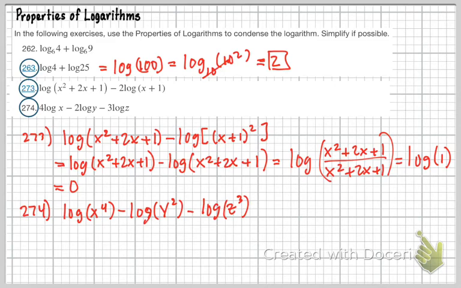So for this first 2, if I put those together, I'm going to get log base 10 of x to the 4th over y squared. Now keep in mind here, in order to put those together from addition subtraction, remember my logs have to have the same base. If they have different bases, I can't do this.